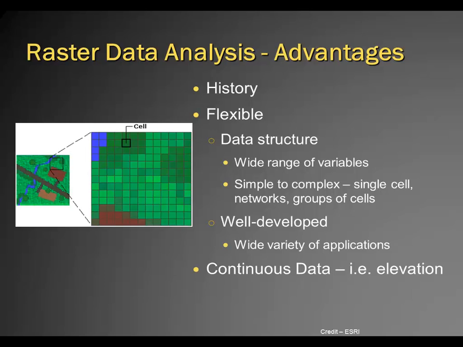A series coming from matrix calculations, where there was a continuous surface of on-off cells, and that these cells are quite simple in the basic structure, but grouping them together turns into a little bit of a complex concept for most people. The important thing to remember is that it's cells, it's like a checkerboard, and it's good for continuous data like elevation, and that's what the guts of LiDAR is all about, is elevation.